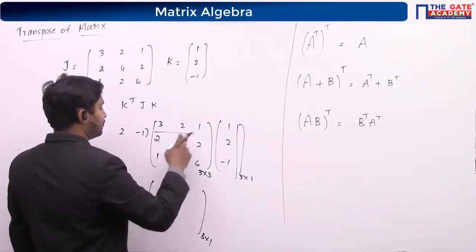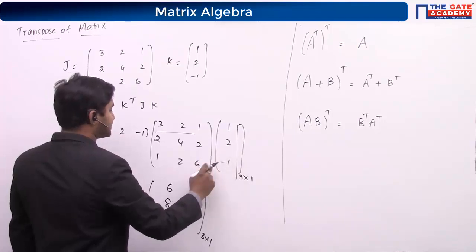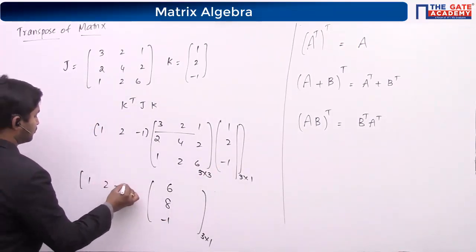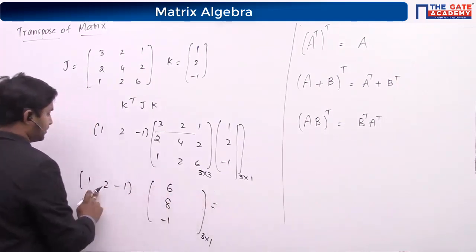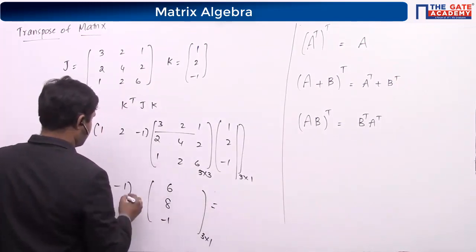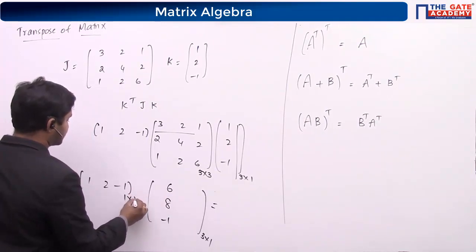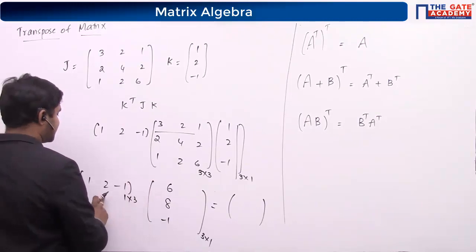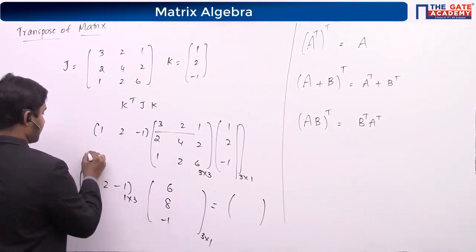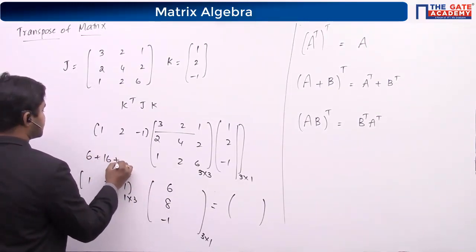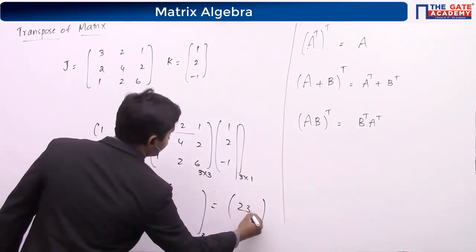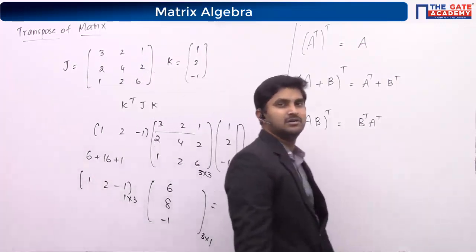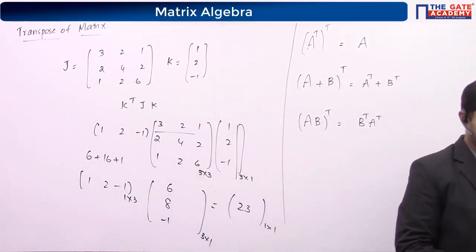And then you have 1 plus 4 which is 5 minus 6 which is minus 1. And then it's 1, 2, minus 1. So this is a 1 cross 3 matrix. So you will have the result as 1 cross 1, which is 6 plus 16 plus 1, which is 23. It is a single number. So the answer is 23.